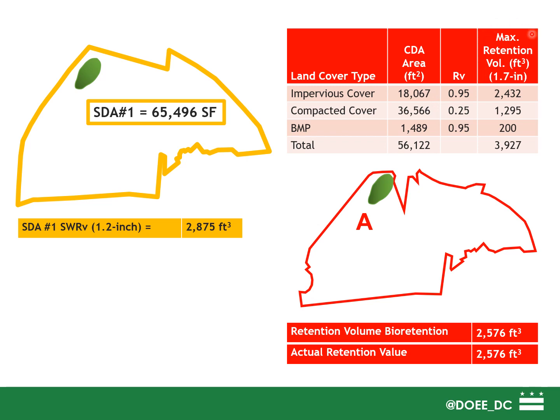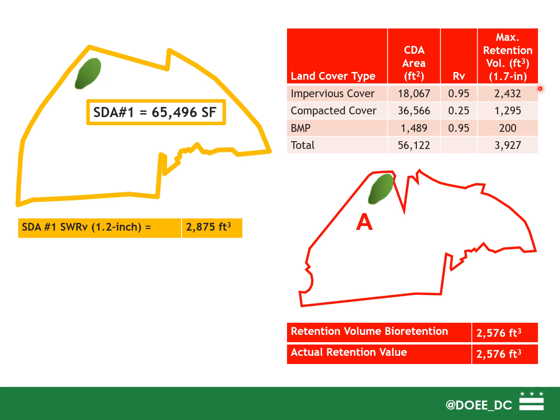And the maximum retention volume, this is a concept that you need to understand for the contributing drainage area. The contributing drainage area is calculated up to the 1.7 inch precipitation depth. So essentially we're saying that this bioretention, or any BMP, can treat or manage the runoff from up to the 1.7 inch precipitation depth.